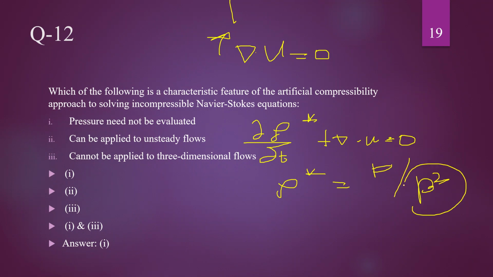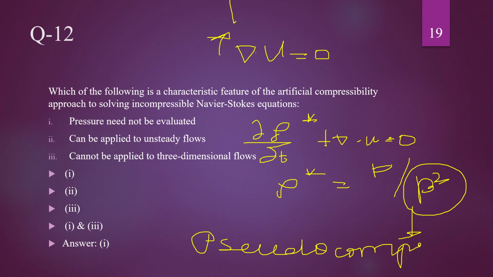This beta square is nothing but what is known as the pseudo compressibility factor. By using this pseudo compressibility factor, we are converting the incompressible Navier-Stokes equation to be solved in a similar method as the compressibility approach. So this is known as the artificial incompressibility approach.